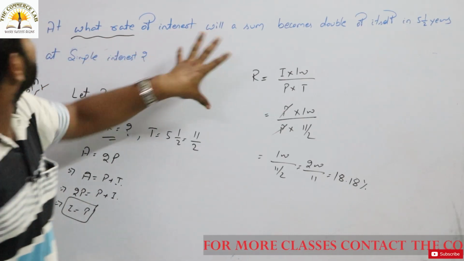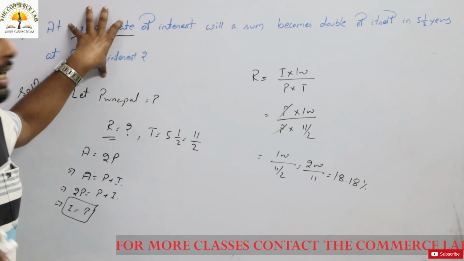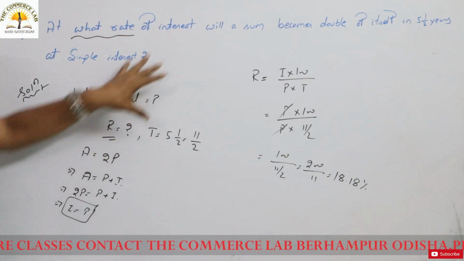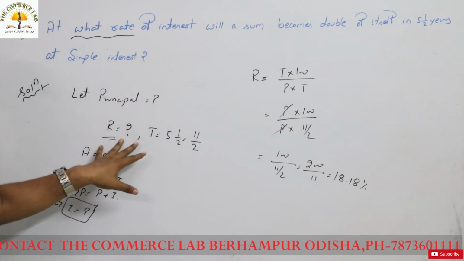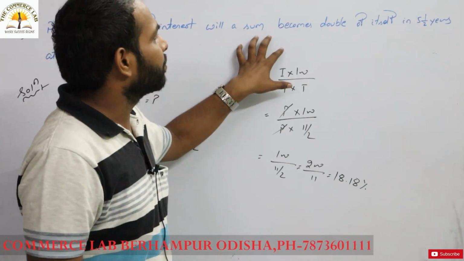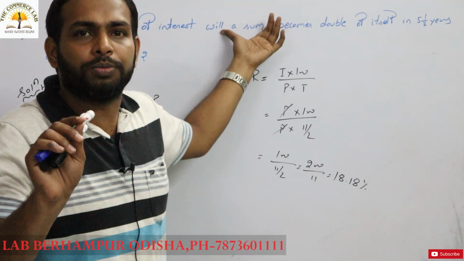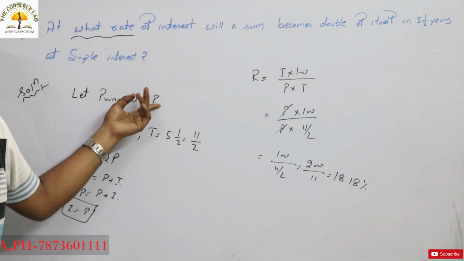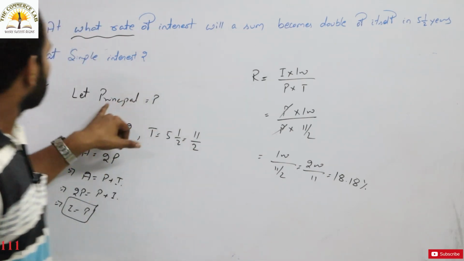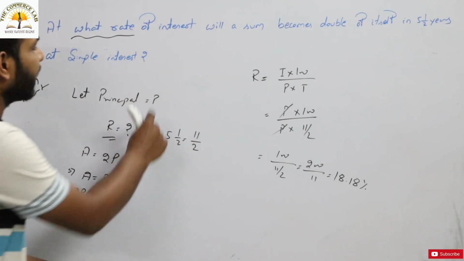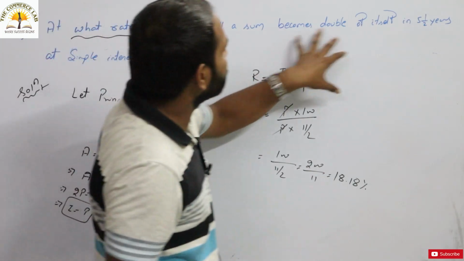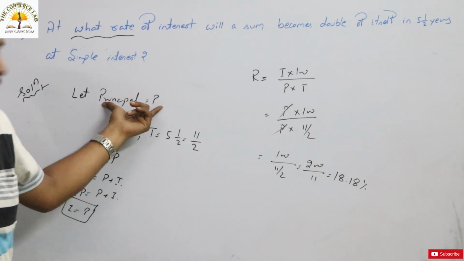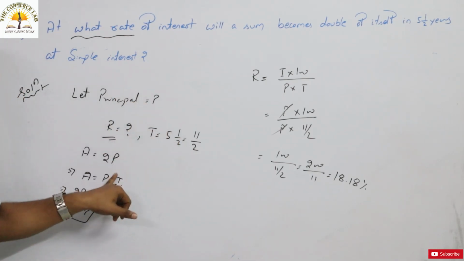So here in general it is given, at what rate of interest. That means we have to calculate R. From this part we have cleared that we have to calculate R. Okay, fine. Will a sum, but the sum is not given, so we have to assume what the sum is. Whether you write it as X or P, whatever you like. So sum principal equal to P, or you may take it as X, becomes double. That means this sum becomes double, that is known as amount. So amount equal to 2P or 2X.